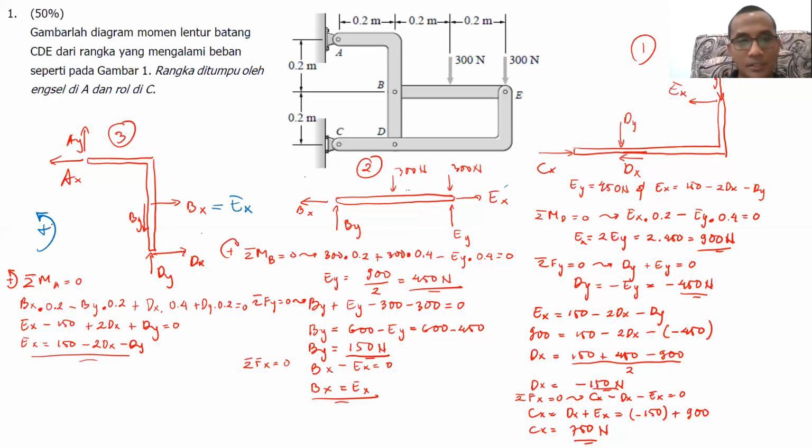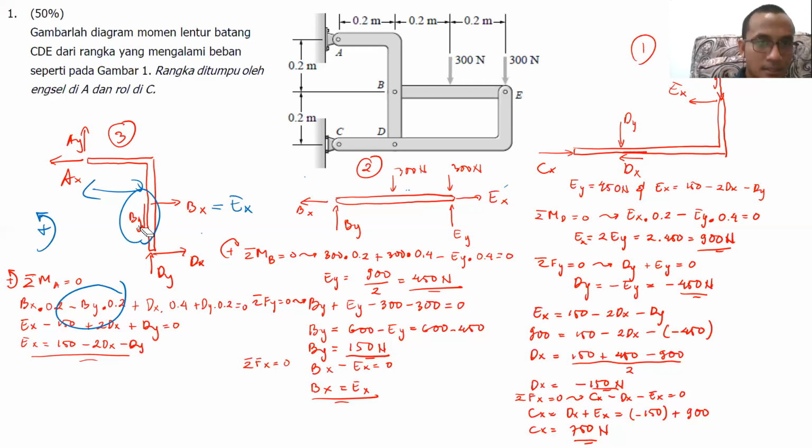Px multiplied by 0.2, okay, it's counterclockwise, right? Minus Py multiplied by 0.2 as well, clockwise, that one, okay, that's why it's minus.